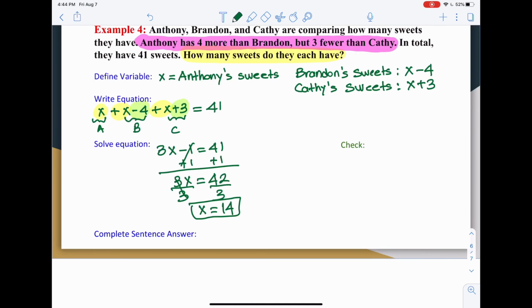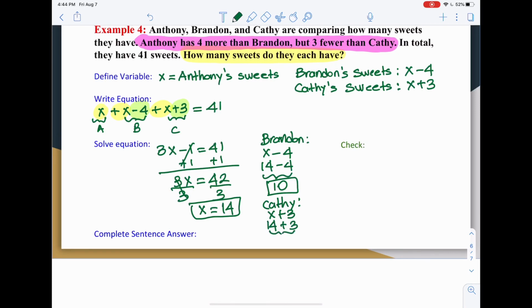Now let's find the number of Brandon's sweets and Kathy's sweets. Brandon was x minus 4, which is 14 minus 4, and that is 10. For Kathy, it was x plus 3, which is 14 plus 3, and that will give us 17.